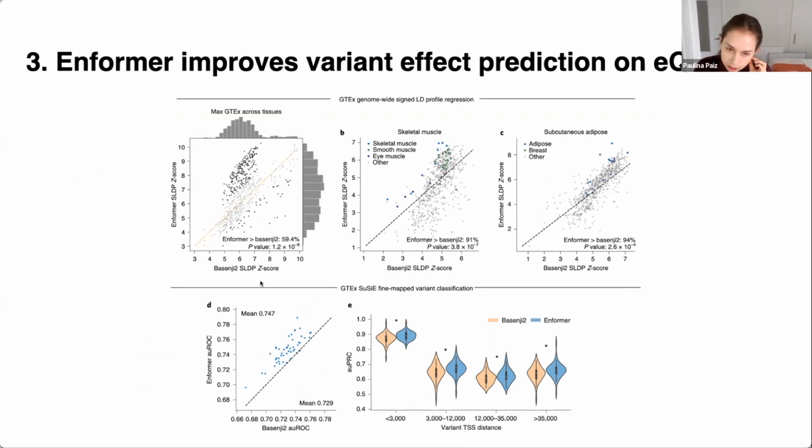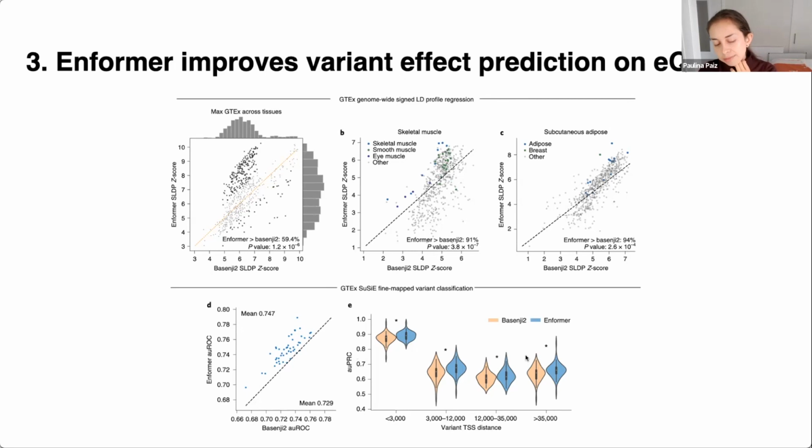And then this, on the lower side of the figure, is just showing that Enformer had a statistically significant difference in AUPRC compared to Basenji 2 when it tried to identify specifically causal variants.